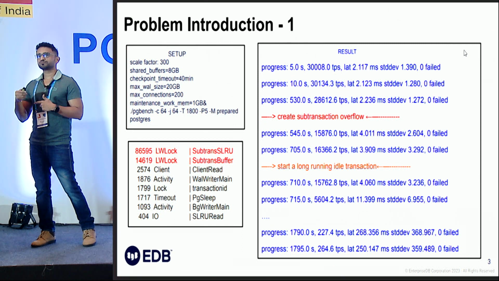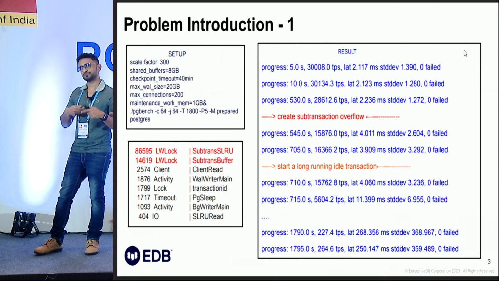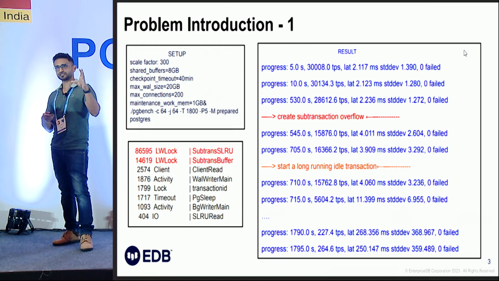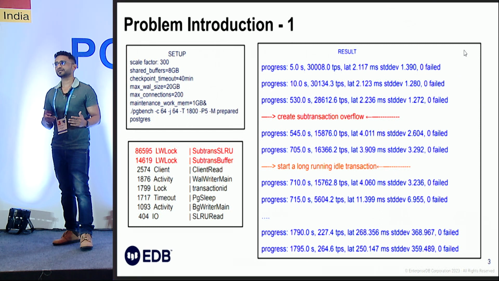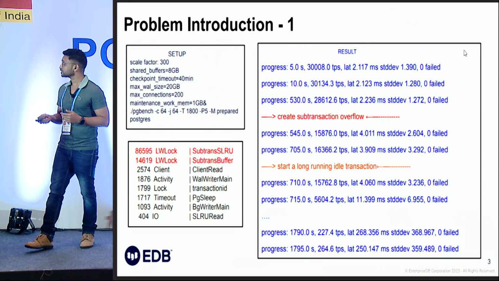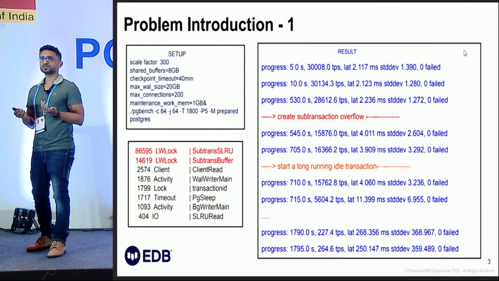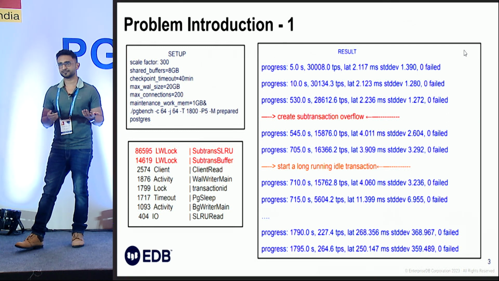I ran that script from a single thread in another pgbench session, and it keeps running: it starts a transaction, does the operation with more than 64 savepoints, commits, and then starts again in a loop. With that, I see that performance dropped almost to 50%, from 32,000 to 16,000.